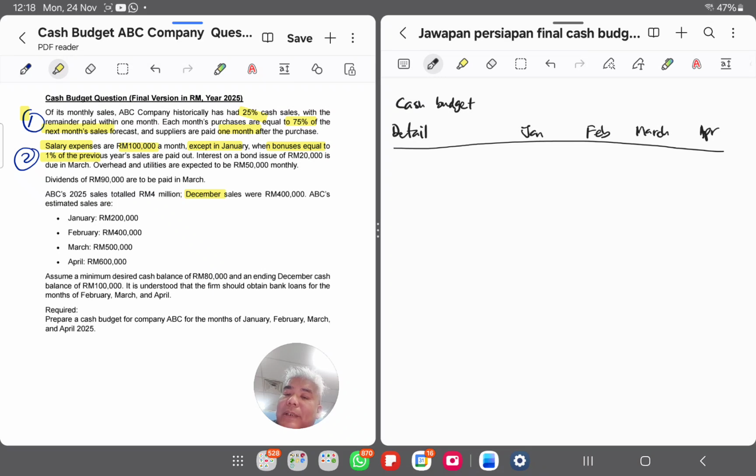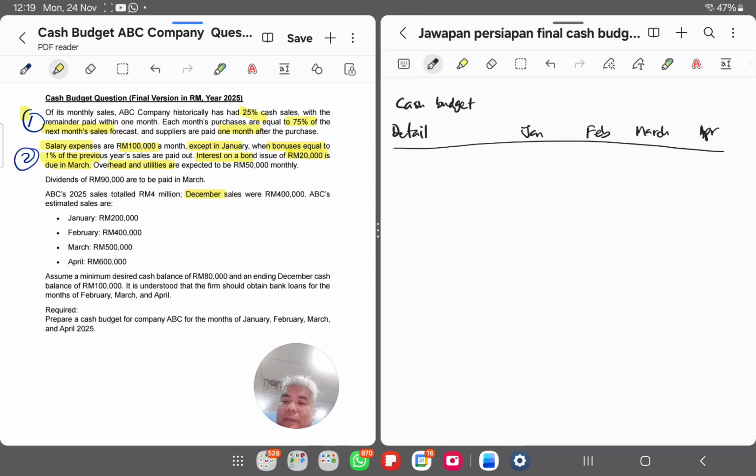And then the company also has to pay the interest on the bond issue. This is a direct amount, 20,000. You do not need to calculate a percentage or other workings. You have to pay by March. Overhead and utilities: for example, you have to pay the electricity bills, water bills, and gas bills.